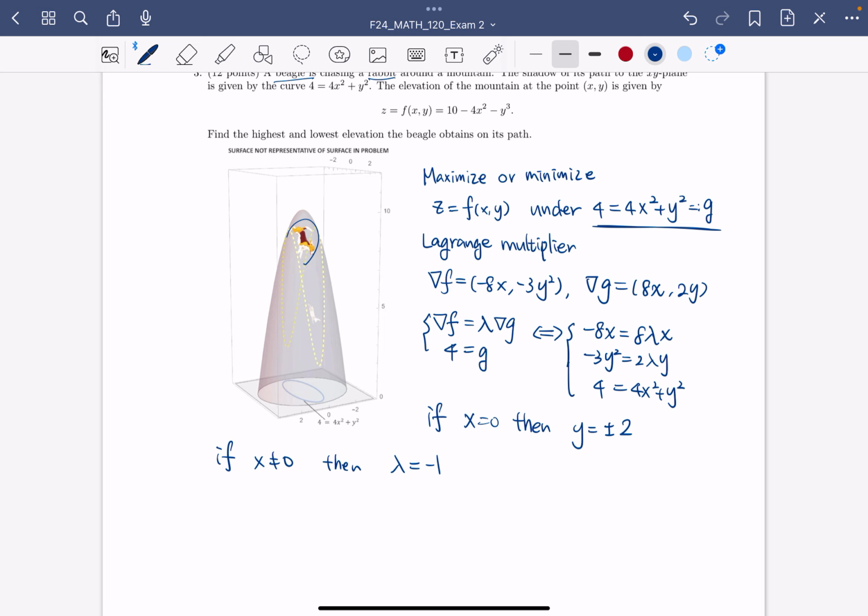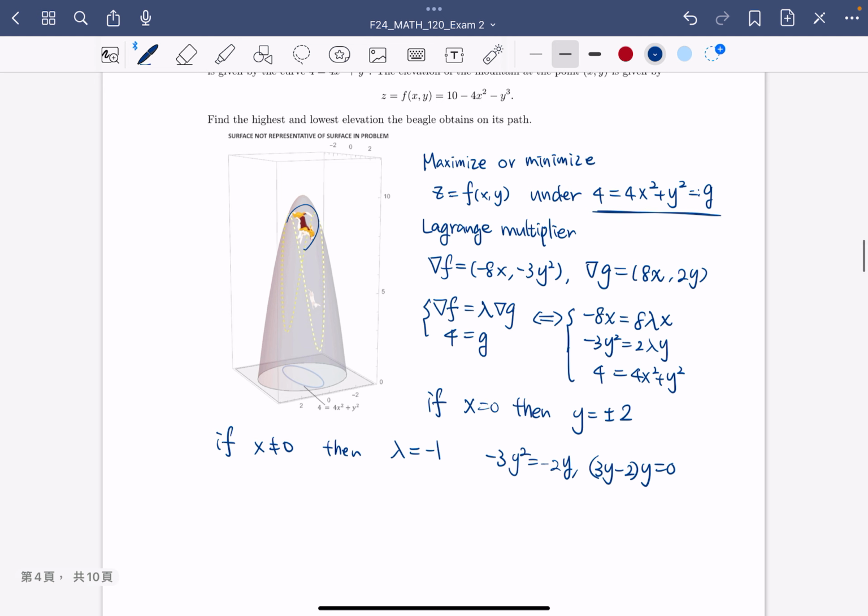And we can utilize the second equation to see that this equation holds. Then we can solve: either y equals 0 or y equals 2/3.